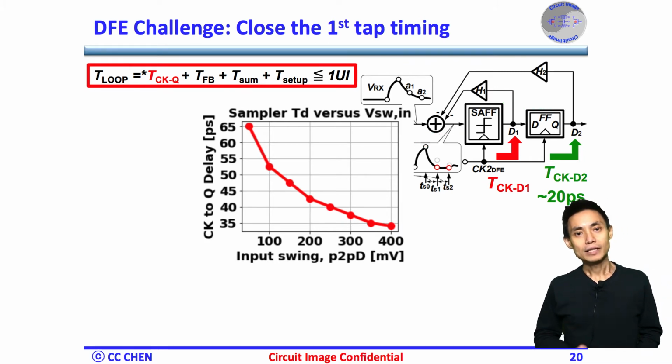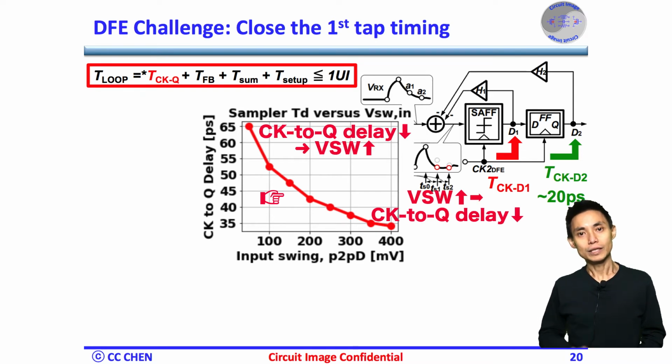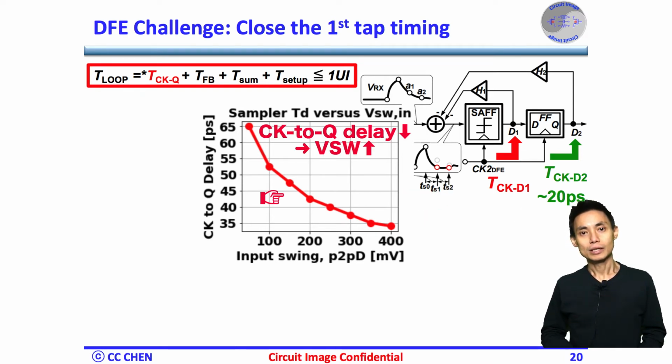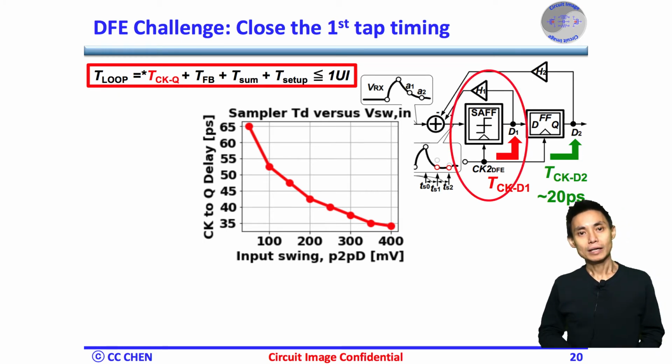Please be advised that the sampler's clock-to-Q delay will decrease if the input swing is increased, and vice versa. So, the second tap delay will be only 20 picoseconds, since the second sampler's input swing is 1 volt digital level. So, the critical timing is the first tap.